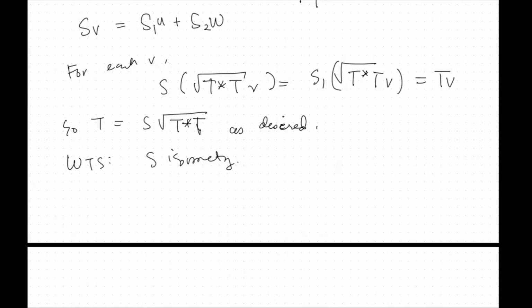Because they are disjoint, we can write this as the norm of S1 U squared plus the norm of S2 W squared. Because they are isometries, we have just the norm of U squared plus the norm of W squared, and this is equal to the norm of V squared by the Pythagorean theorem. And this ends our proof.